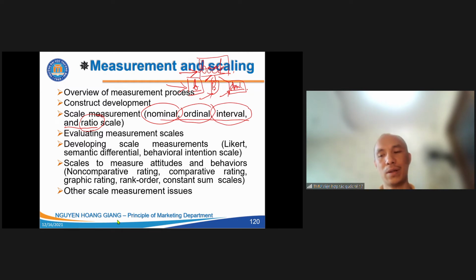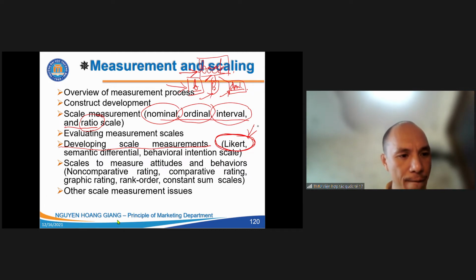So the researchers must think about all the situations that are suitable for the questions. And we also think about developing the scale of measurement. Like I told you last time, the very popular scale we use is the Likert scale.